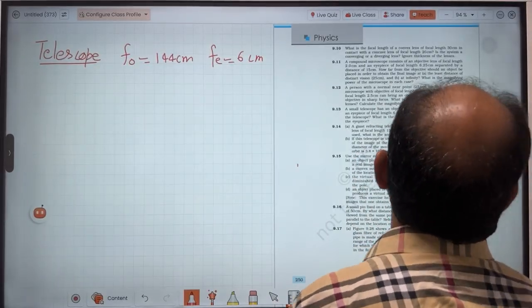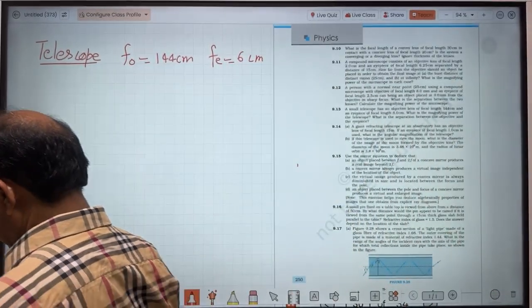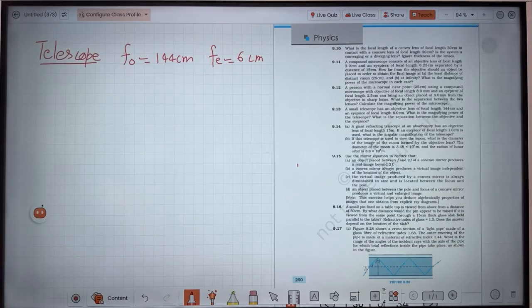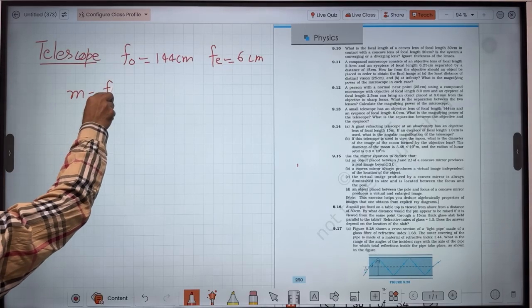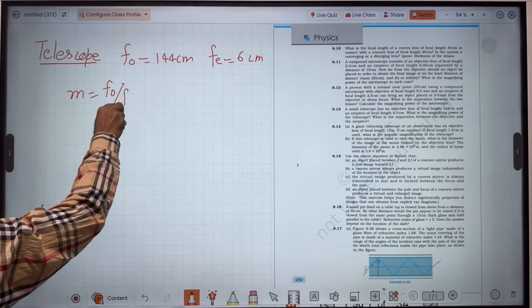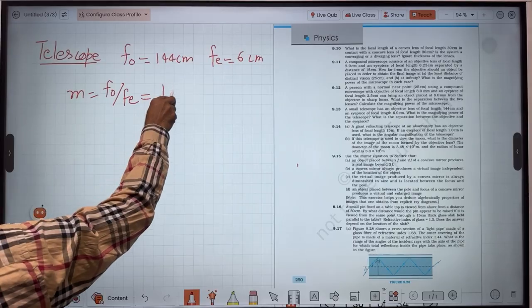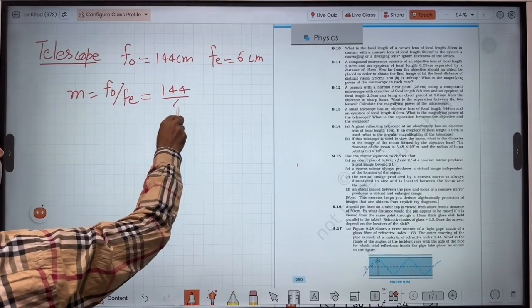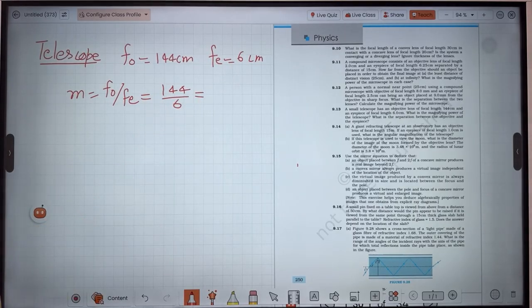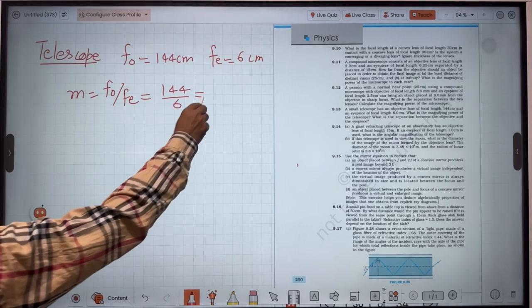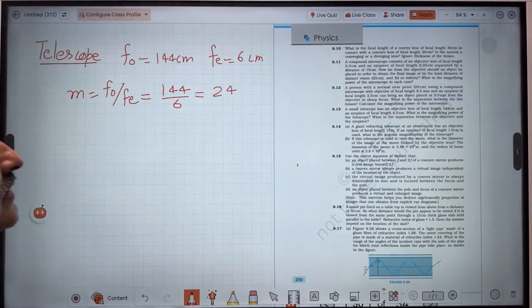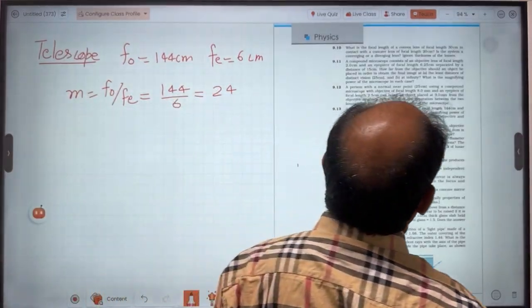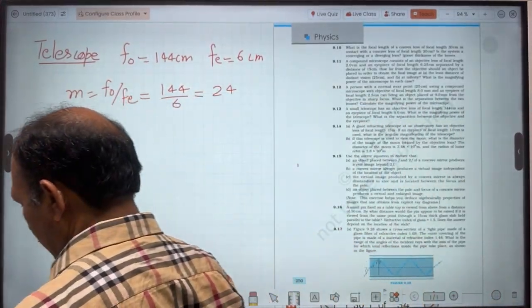It will be the ratio of the two and then separation. Okay. So magnifying power we can find. So M is given by FO divided by FE. So 144 divided by 6. So it will give 24. Now, second part says we have to find out what is the separation between the two lenses.